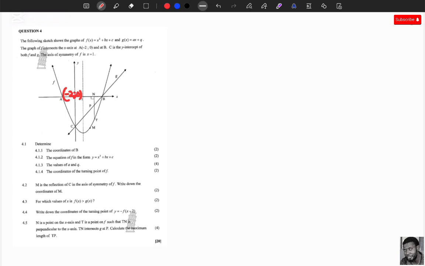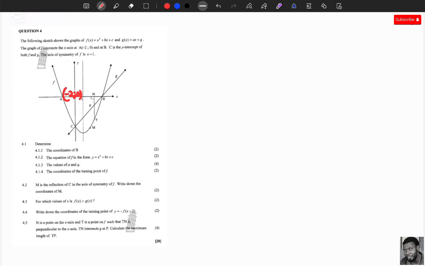The graph of f intersects the x-axis at a, which is -2 and 0, and at b. They say c is the y-intercept of both f and g.